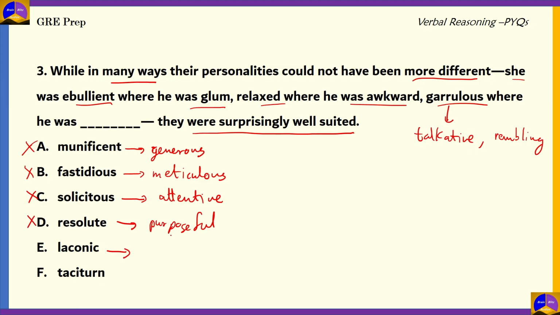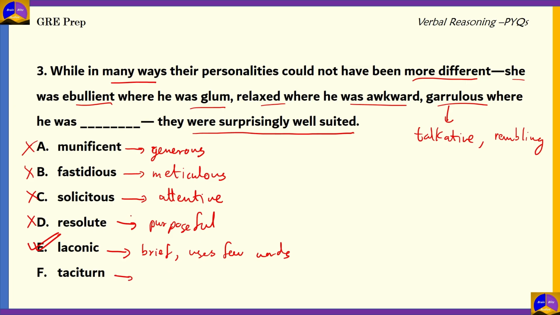Option E is laconic. Laconic is a person who is brief in their speech and uses few words. So in this case we know that the word laconic is in fact an antonym or the opposite word to garrulous, so option E is correct. And finally, option F, we have taciturn.